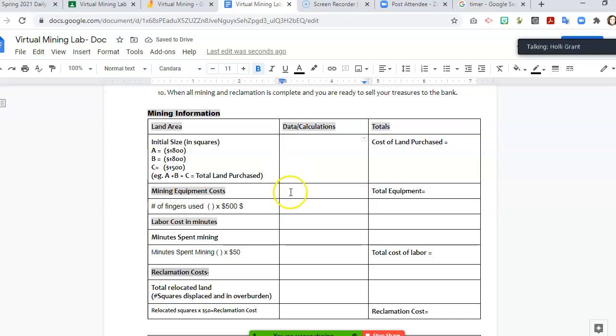So now, let's go to mining equipment costs. Let's say that you were using maybe 2 fingers to try and get as many as you could, or 1, or a mouse, or whatever. For number of fingers used, most kids only used 1. So you would go 1 times 500, and you're going to put that into your total equipment.